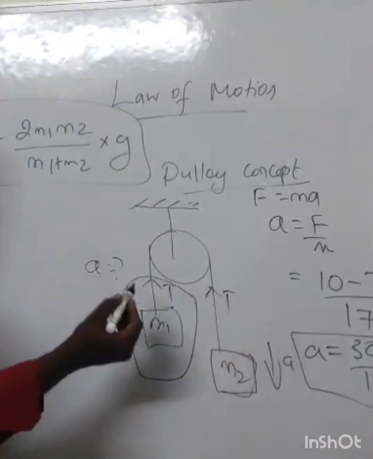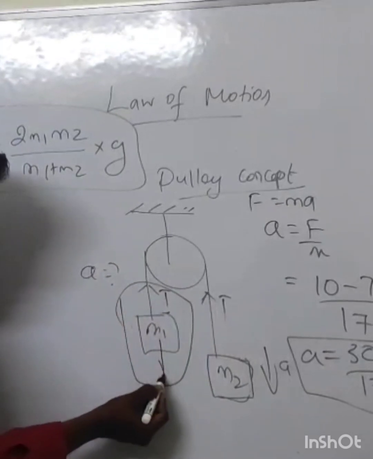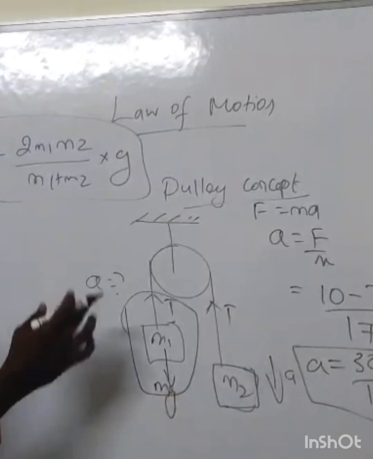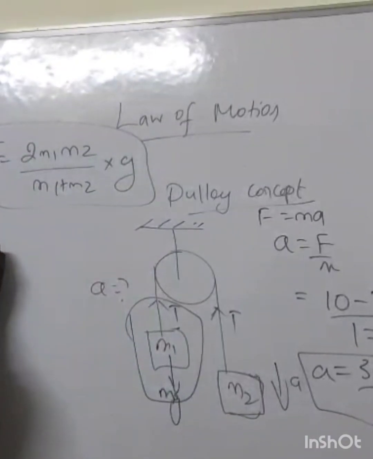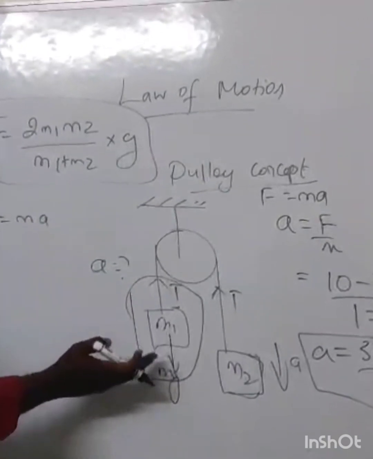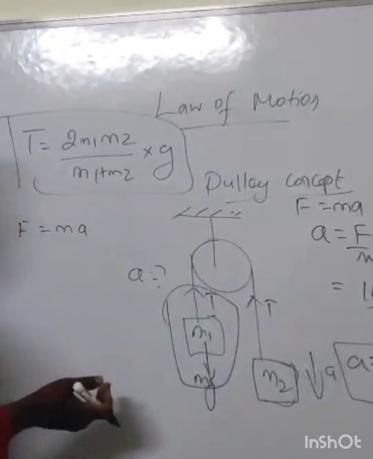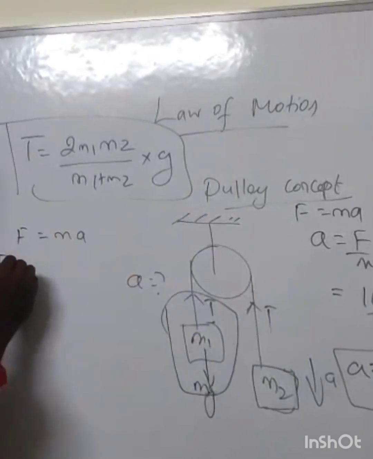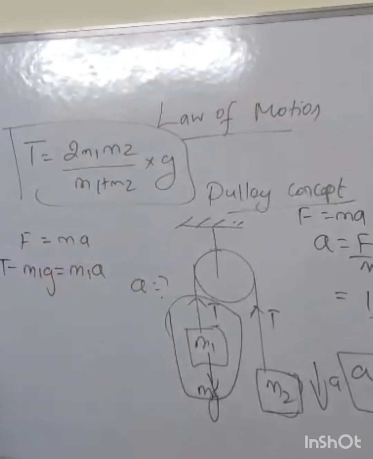There is an upward force of tension and a downward force of m1g. There are two forces, one upward and one downward. F equals ma. The acceleration is upward, so the tension force will be maximum. So T minus m1g is equal to m1a.